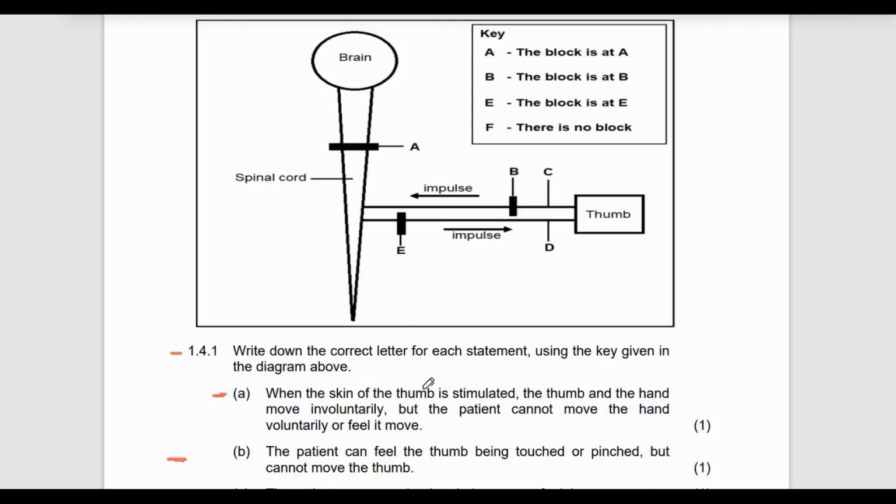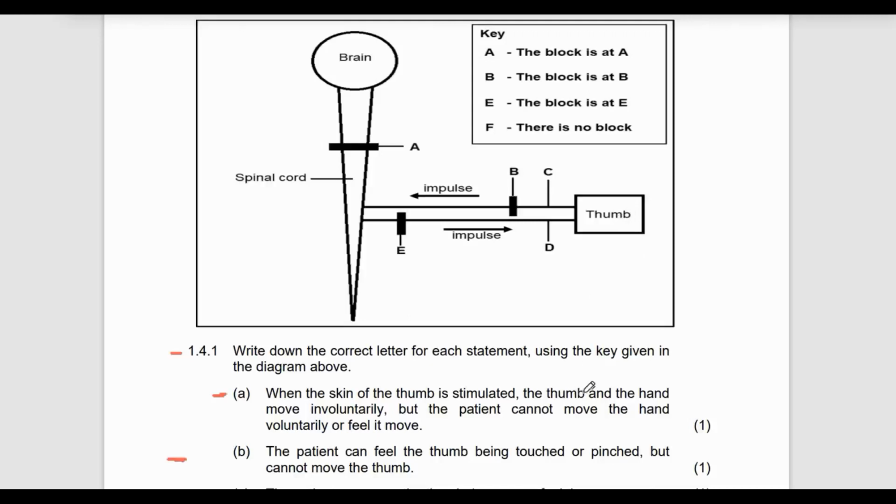When the skin of the thumb is stimulated, it means you are in a dangerous environment like heat, next to a very hot stove, or maybe you just touched your thumb on a very hot stove.